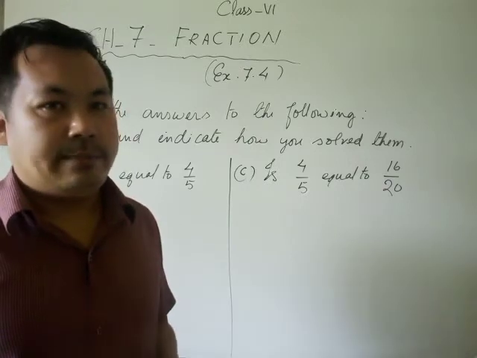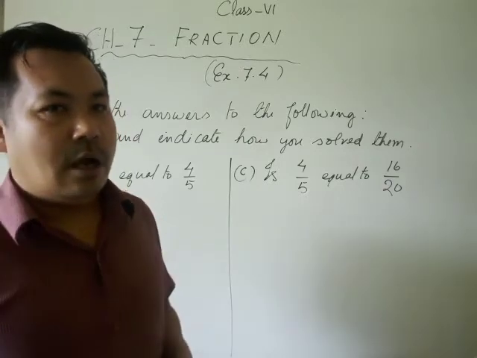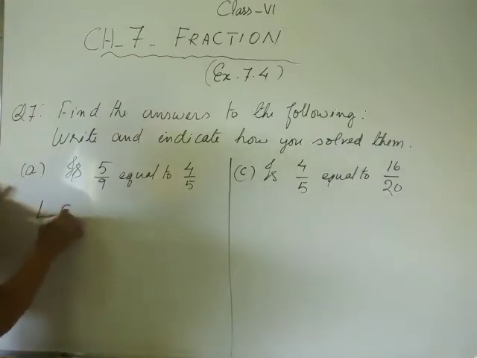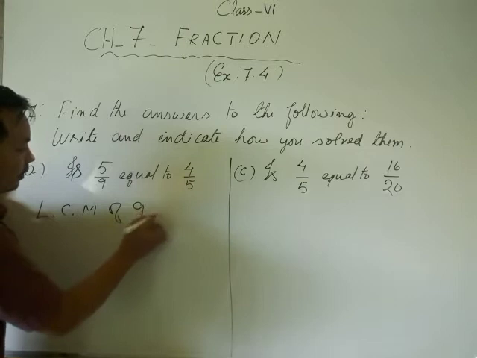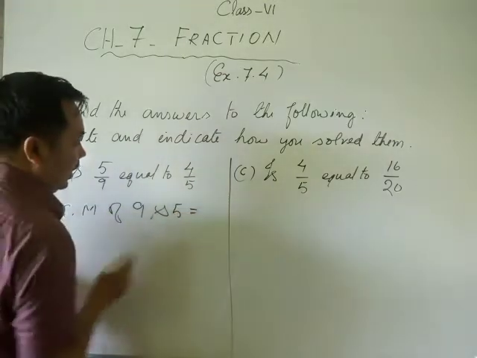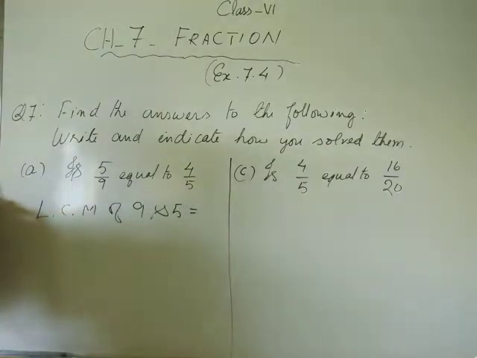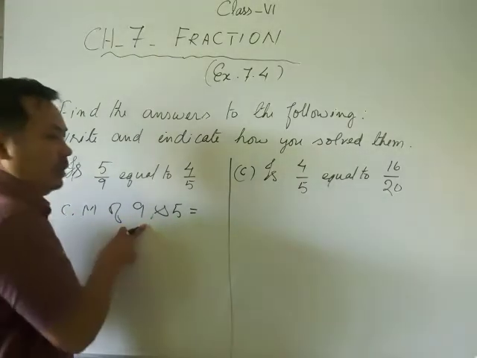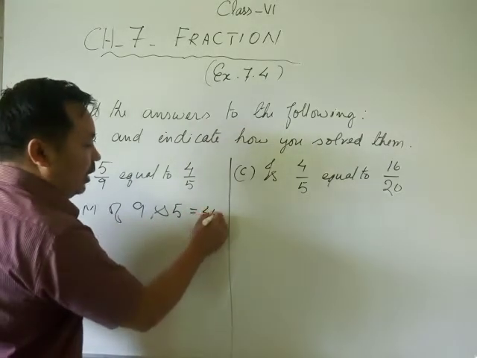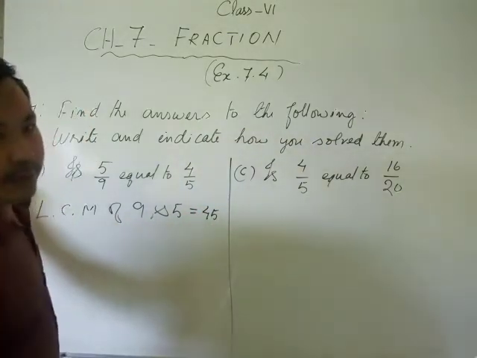So let us see. The LCM of 9 and 5: 5 is a prime number, so we multiply 9 times 5, which is 45.